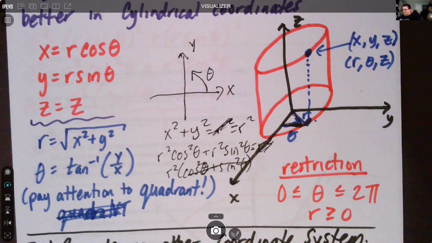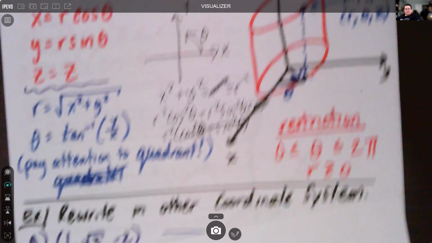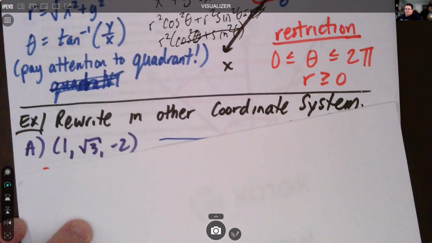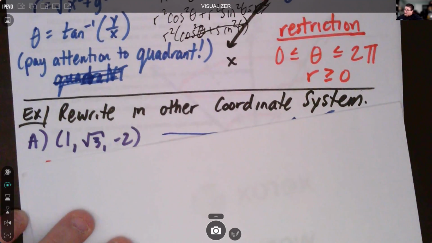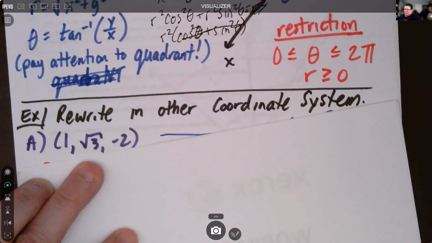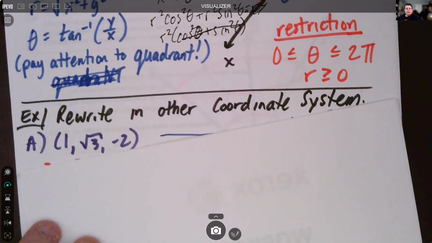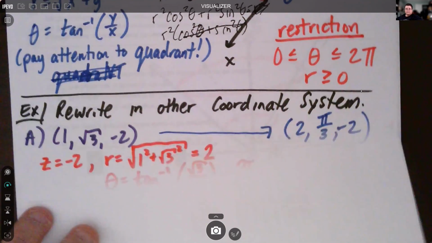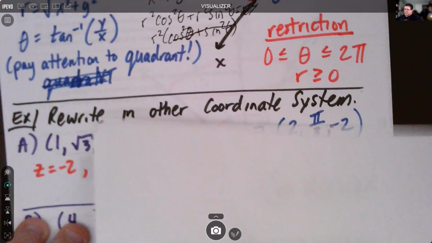Let's look at some examples. Let's rewrite in the other coordinate system. So if I've got 1, comma, square root of 3, comma, negative 2, this is going to be looking like our Cartesian coordinates.